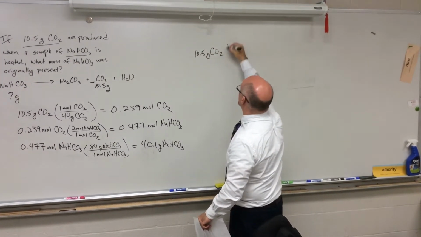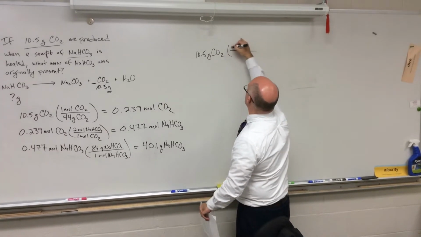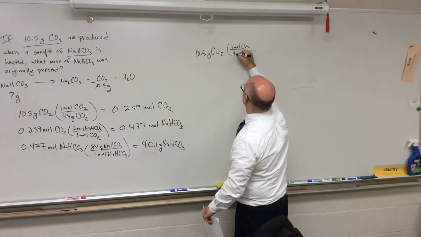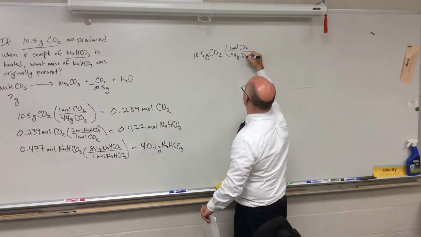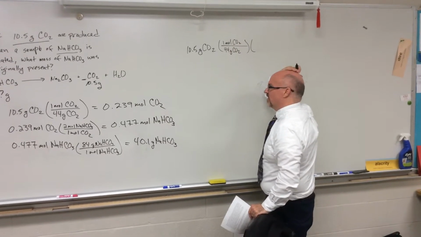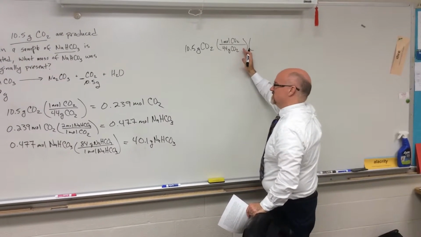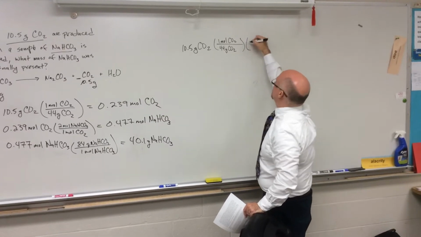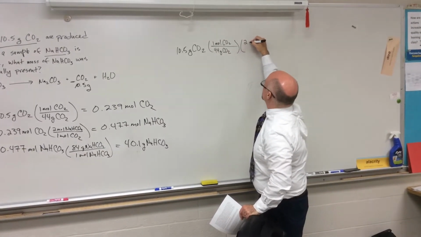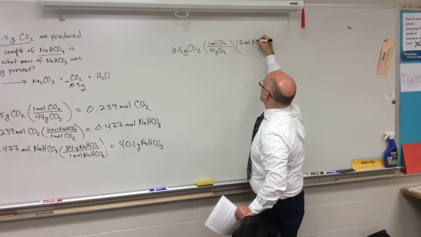So there's my CO2. First step is always convert to moles, so mole goes on top. And if I'm just thinking the logic, I can then go, all right, so I got moles here of CO2. I need to get moles of product, in this case the baking soda, the sodium bicarbonate. So again, that relationship from the equation.